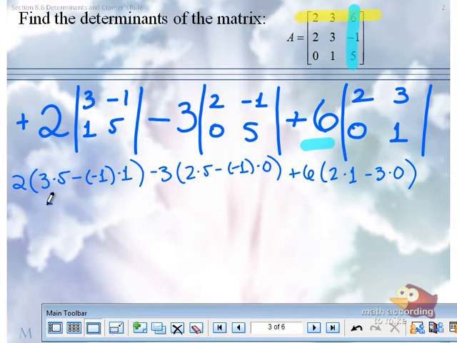So this would be 2 times 16 minus 3 times 10 plus 6 times 2. So 32 minus 30. That is 14. Is that okay?